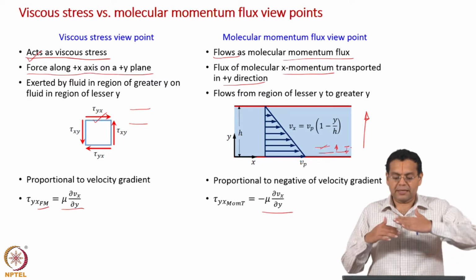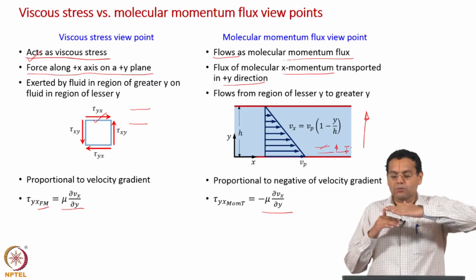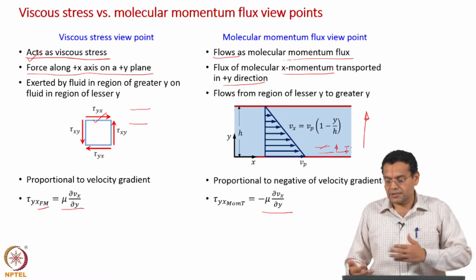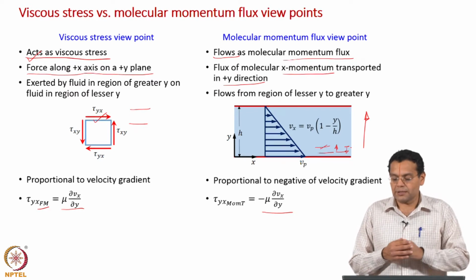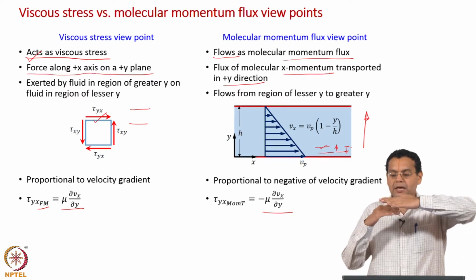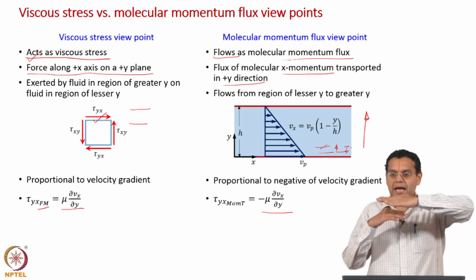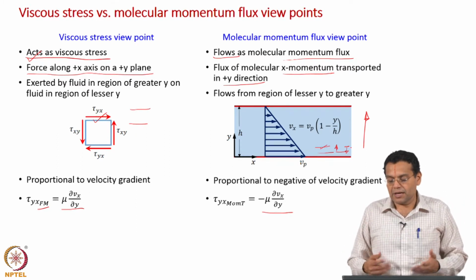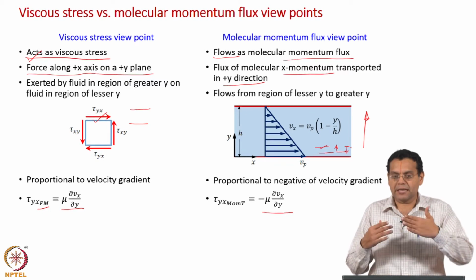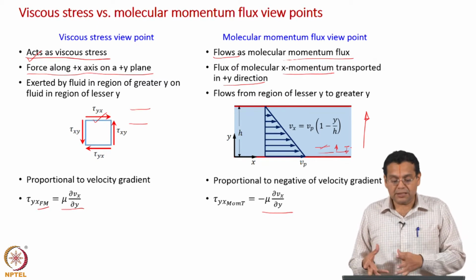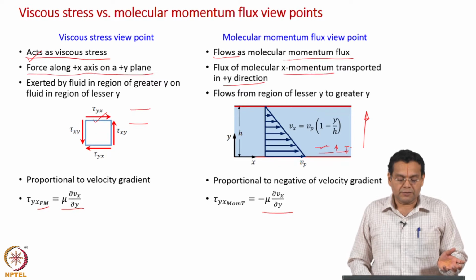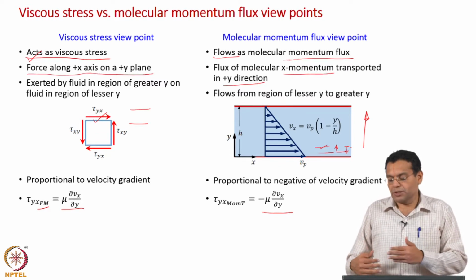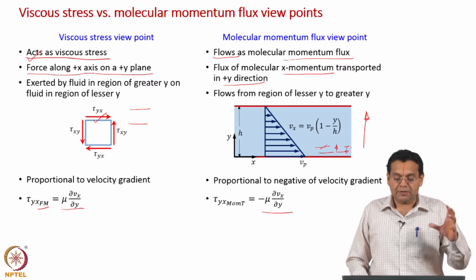This deceleration and acceleration have their own forces, so it is like a layer with two equal and opposite forces acting on it, which we call the shear force. If you divide by the area you get the shear stress, and that is the viewpoint which helps us view this molecular motion as a viscous stress.